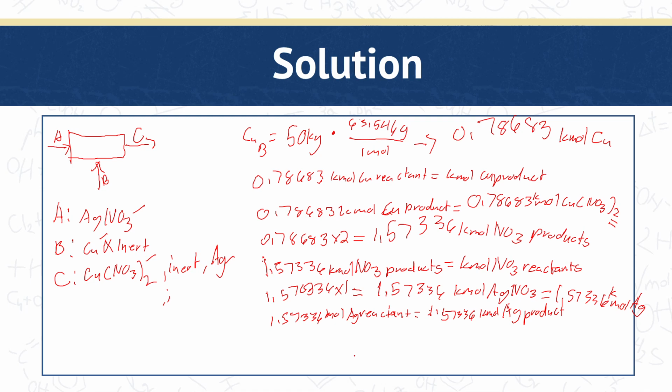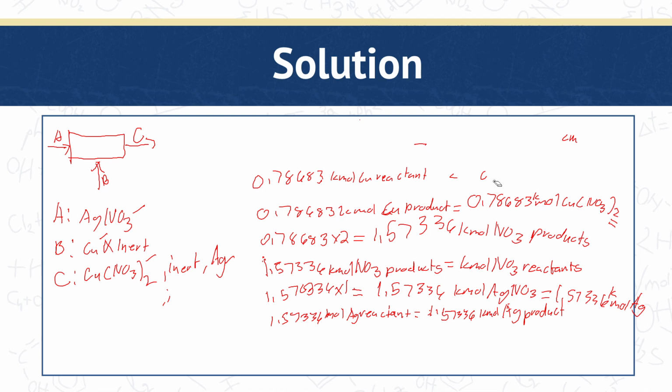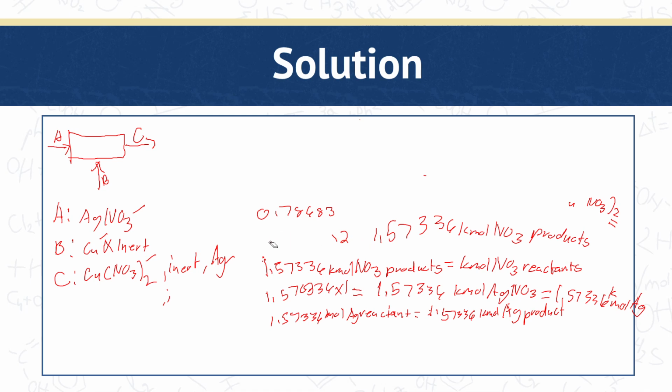So for the next part of our solution, we are given 0.78683 kmol of copper nitrate, 1.57336 kmol of silver nitrate, and 1.57336 kmol of silver.